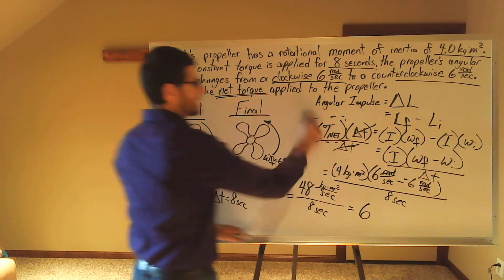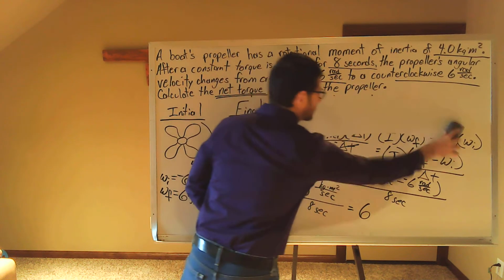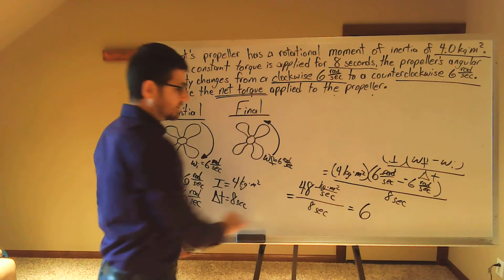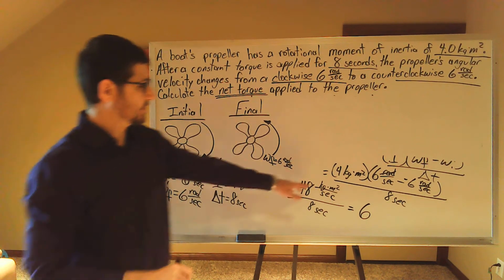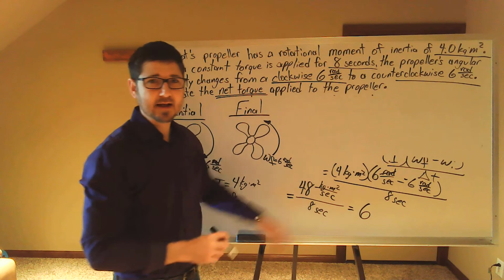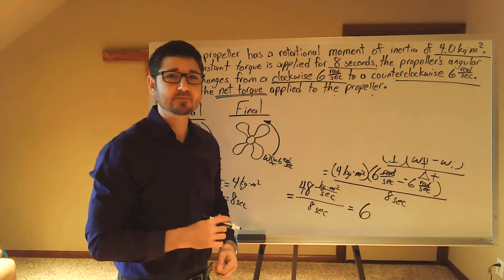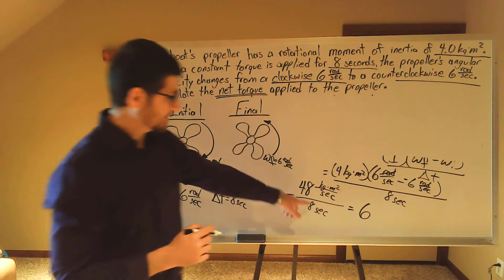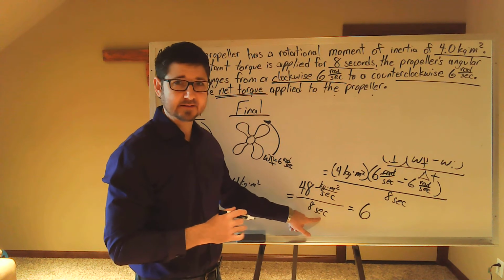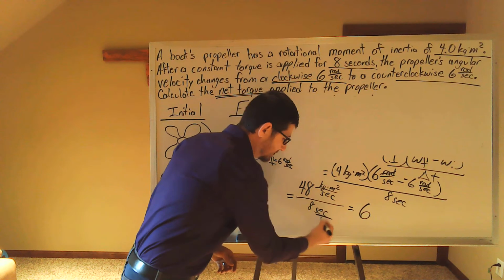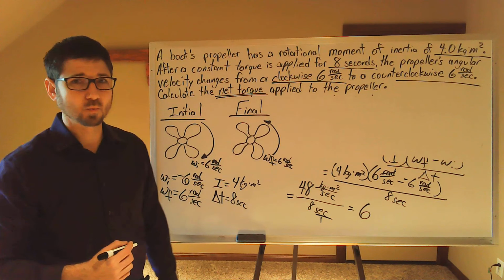And I need to erase here for some room. Let's take a look at our units right now. So remember, whenever we divide fractions, it's like multiplying by the inverse of the denominator. In our denominator, we have seconds, which algebraically can be written seconds over 1.